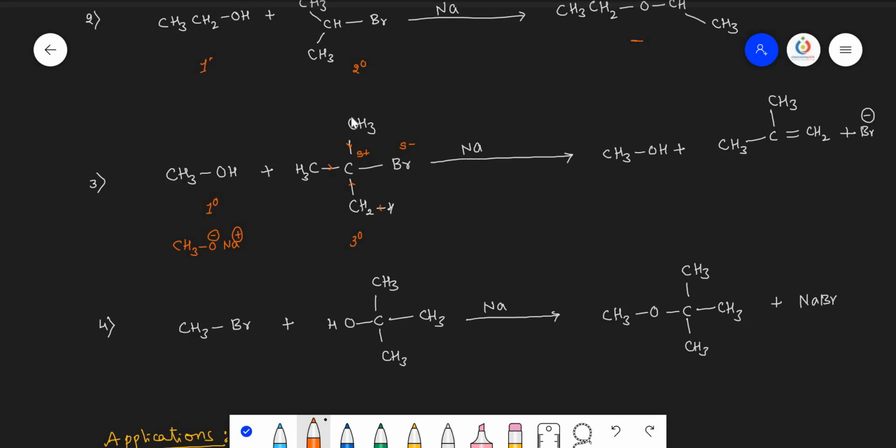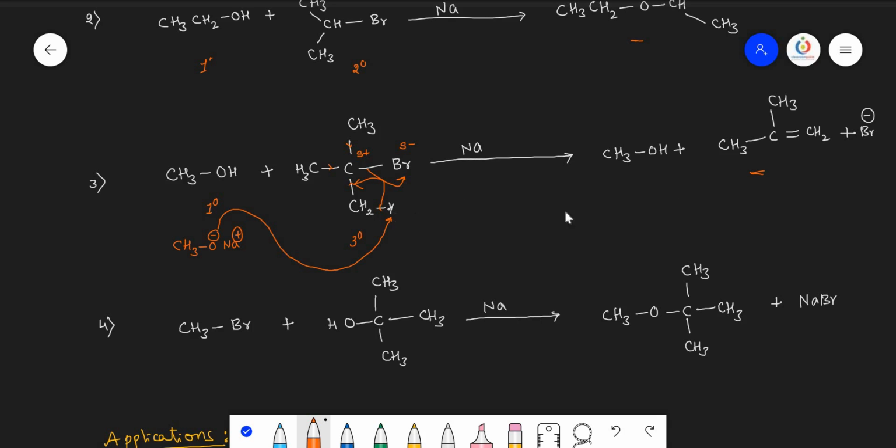So the carbon hydrogen bond becomes very weak in all these cases. So this methoxide ion can easily find the place to attack the hydrogen and abstract it. What happens? This sigma bond electrons will shift over here, and these sigma bond electrons will completely shift to the bromine, finally providing the alkene.